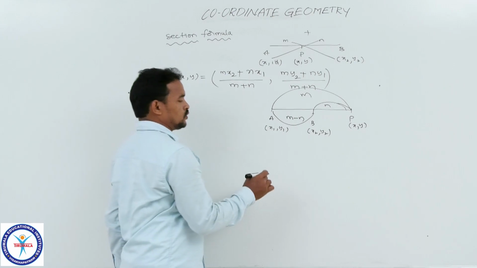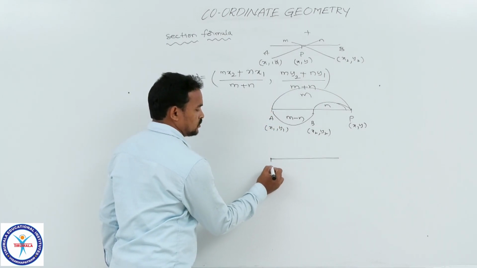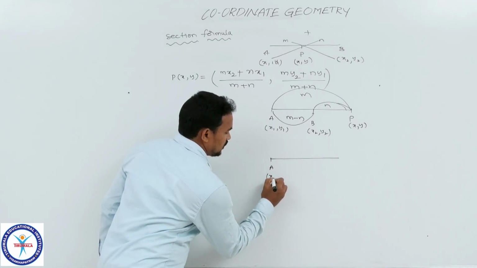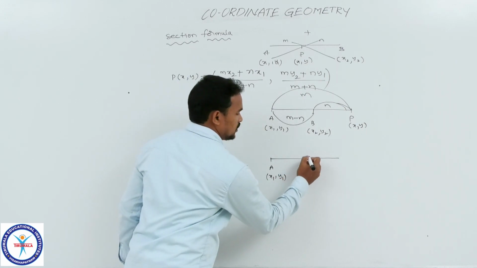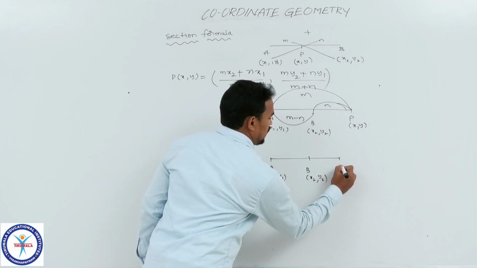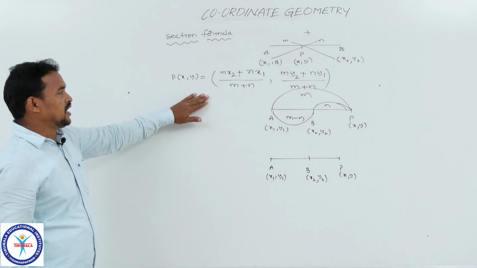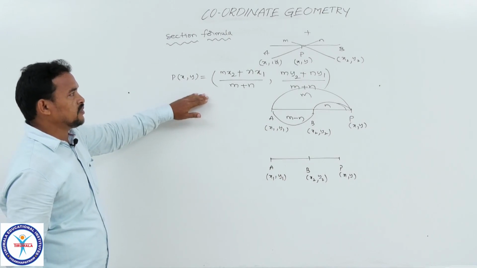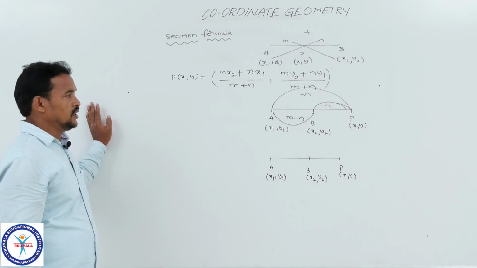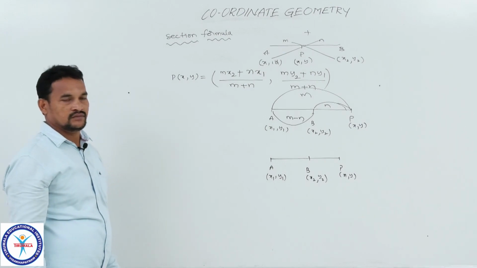In this case, how do we write the formula, how to write the coordinates of the point P of x comma y? A is x1 comma y1, B is x2 comma y2, P is x comma y. Here how do we observe? If P divides the line segment AB internally, its coordinates we already learned. If it is externally, in place of plus we take minus.